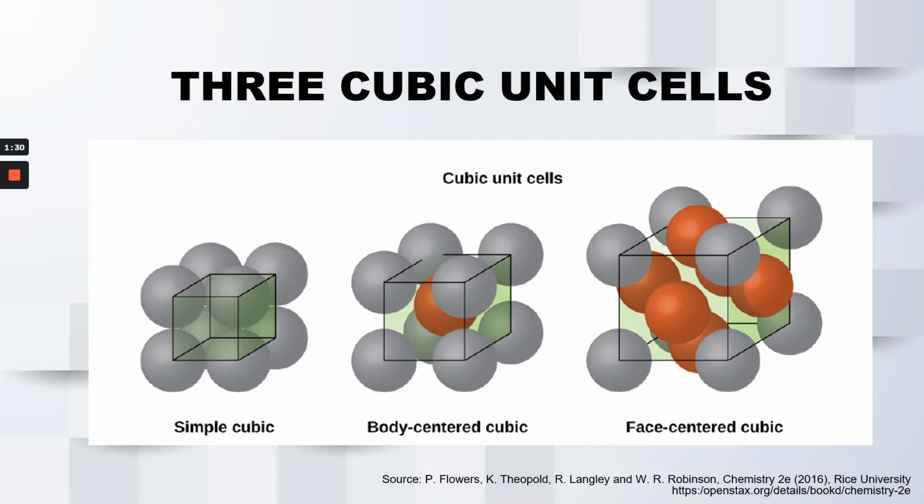But in this lesson, we will focus on the 3 cubic unit cells, which are the simple cubic unit cell, the body-centered cubic unit cell, where you can see there is one atom inside the unit cell, and the face-centered cubic unit cell.